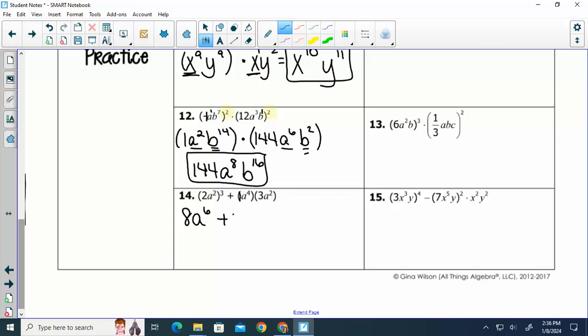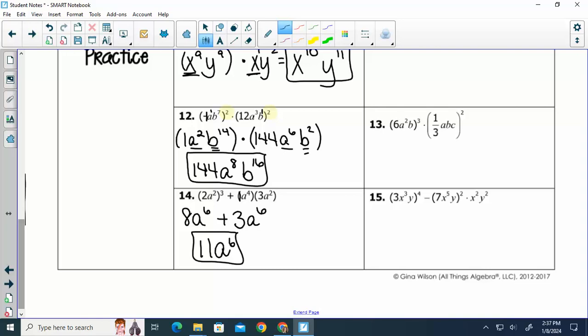So 1 times 3 is 3. A to the 4th times a squared. What do we do with those exponents? Add them because the a is written both times, and that gives me 6. Am I able to combine those? Yes, because they both have an a to the 6, we add the numbers in front. So that gives me 11a to the 6.